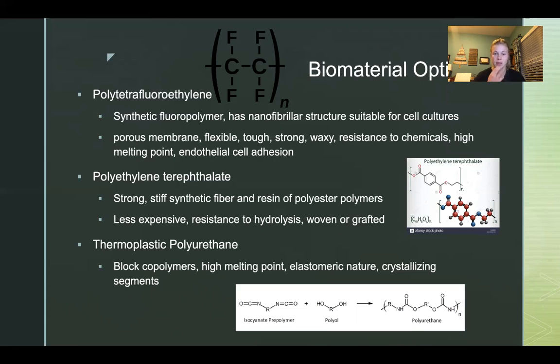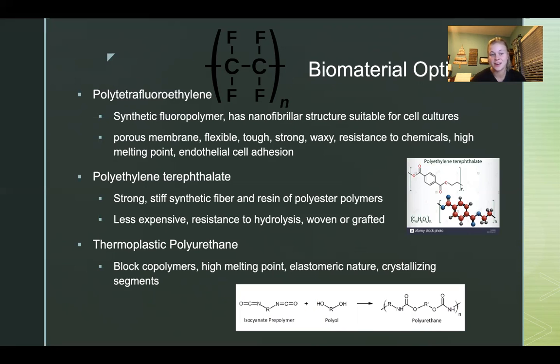With this biomaterial, endothelial cell adhesion occurs as it's in the body: the endothelial cells attach to the material and make the environment welcome it as its own blood vessel. So it's pretty neat.